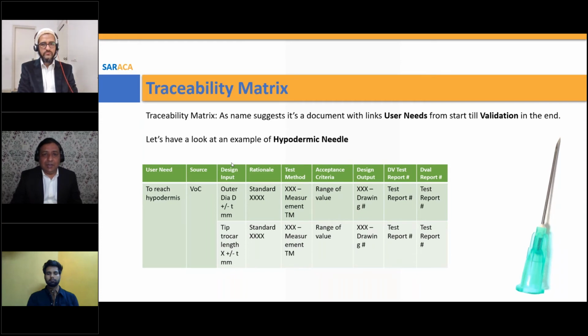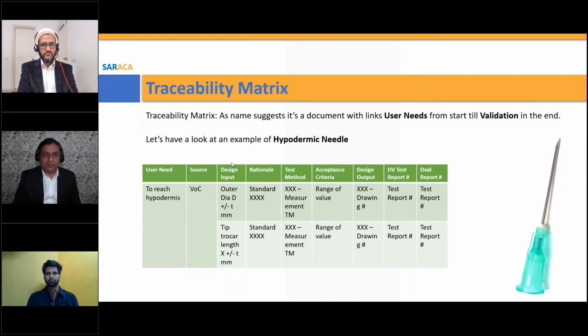Many times I've seen that when an auditor asks a question, if you yourself are not organized, it becomes very hard for you to pull the data. And if you're not able to pull data in time, that creates doubt. And when that creates doubt, the auditor's confidence in you goes down. So this traceability matrix, as Salman said, is good for design, but it's good for subsequent phases. It makes your life easier when you have launched your product and you are going through an audit.